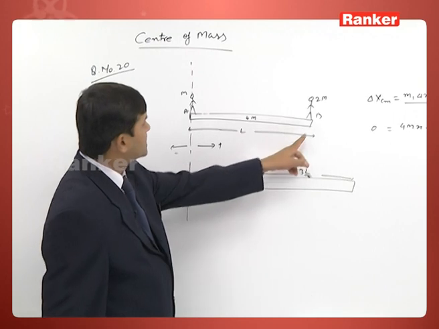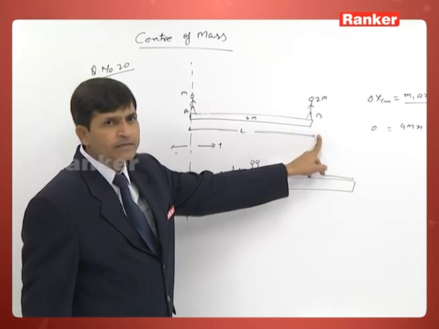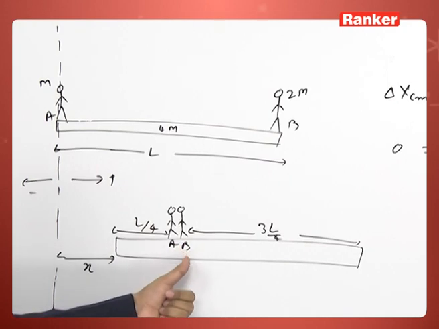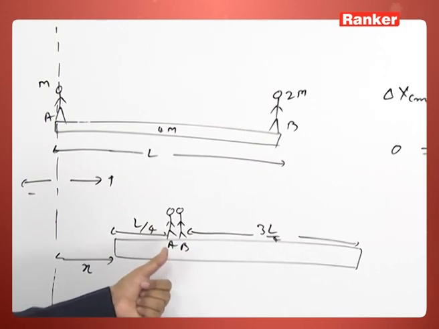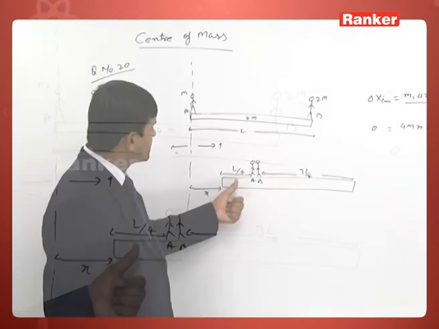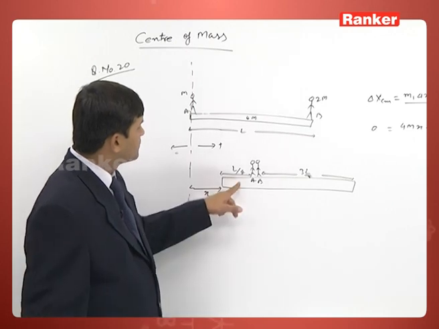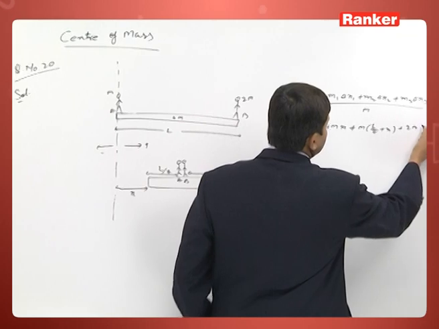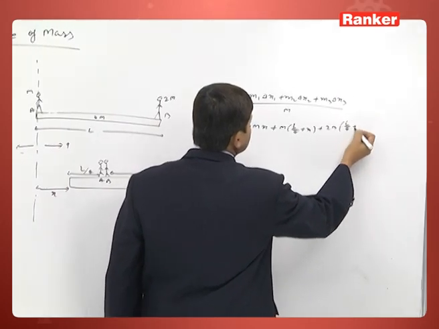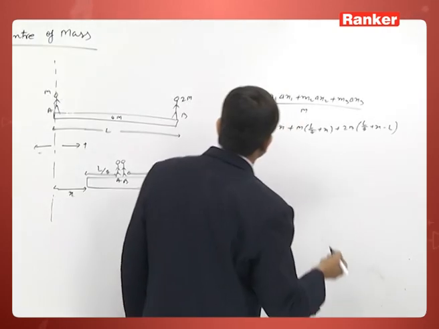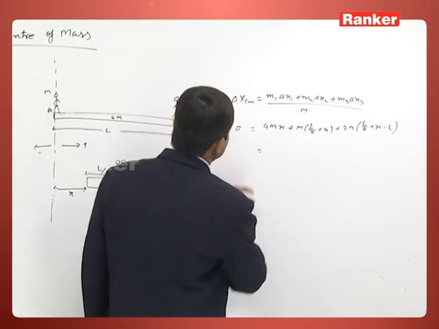initial position of the center of mass was L. Now the position of center of mass of B is L by 4 plus x. The final minus initial, final L by 4 plus x minus initial L. Now it is 0.